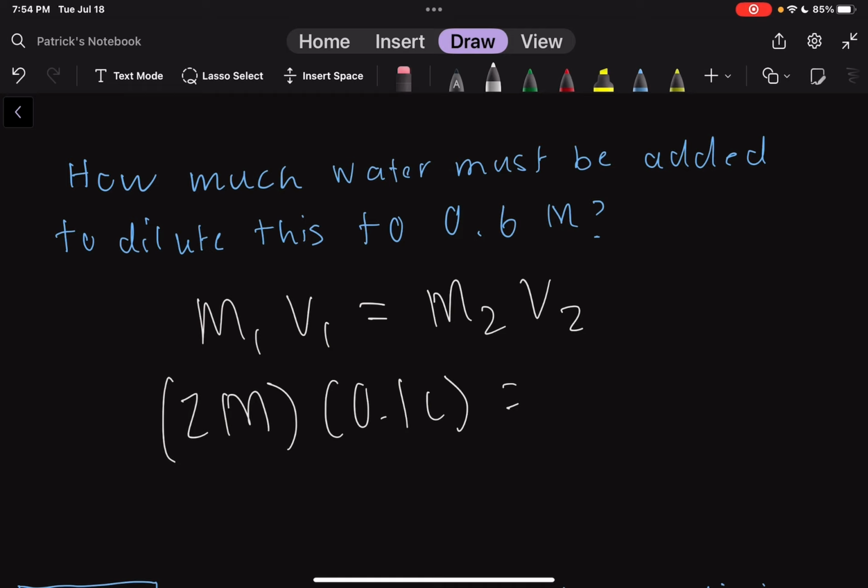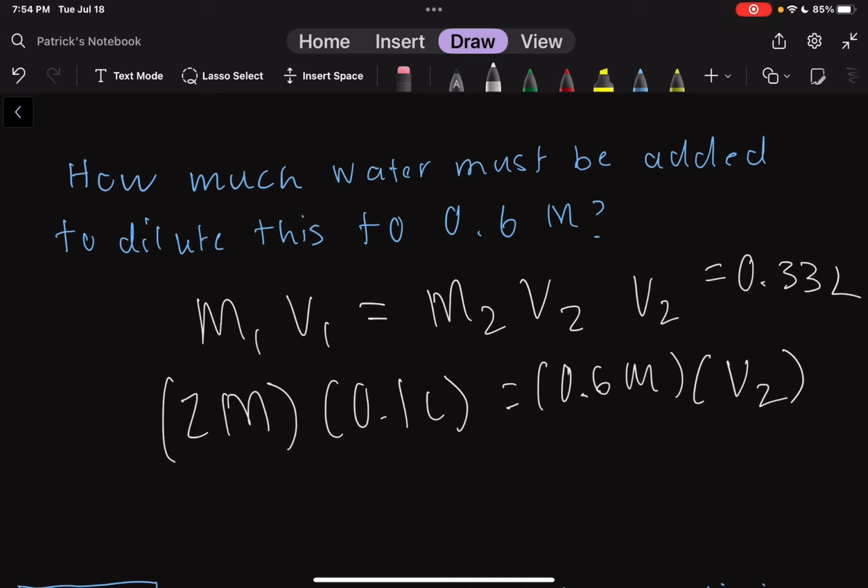So we have 2 M multiplied by 0.1 liters is equal to 0.6 M times our unknown variable, or V2. We solve for V2 to get our answer. 0.33 liters, which is equal to 330 milliliters.